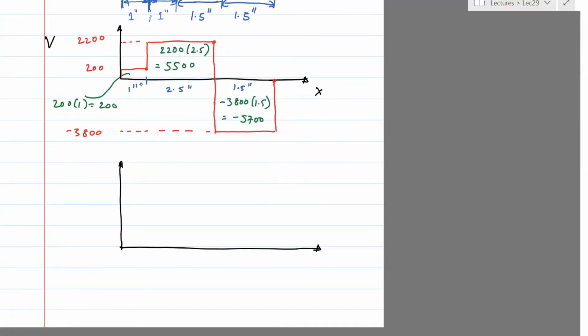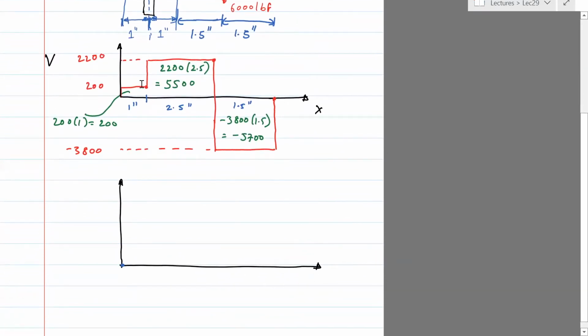Okay, so it starts off with 0, because clearly at this left-hand side, there's no moment. And then we need to travel 200 up till this point, because the area under the curve is 200. From here, we need to go 5,500, which needs to be added to this.